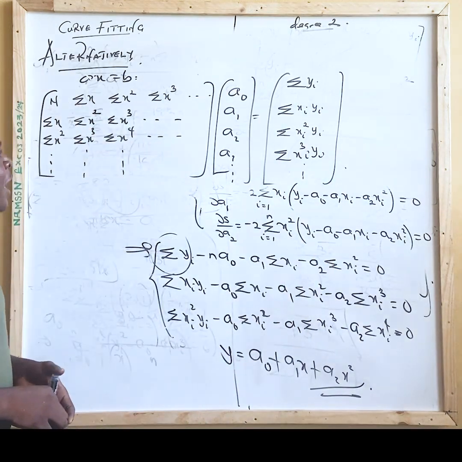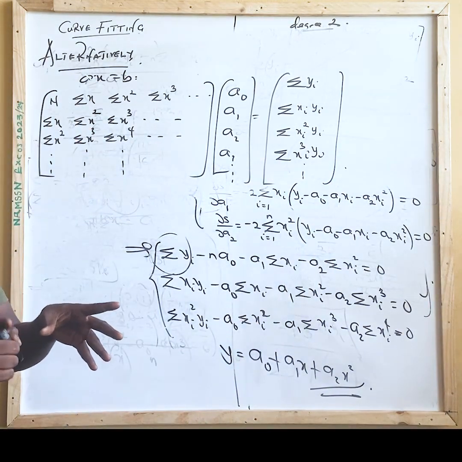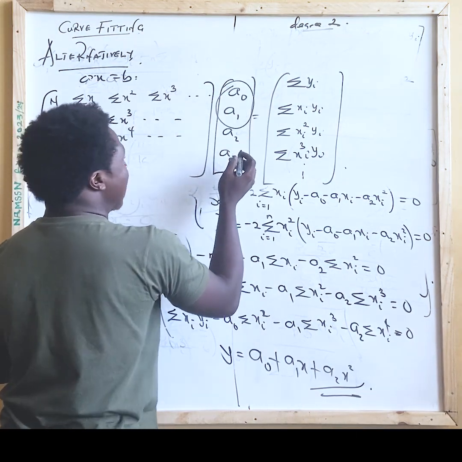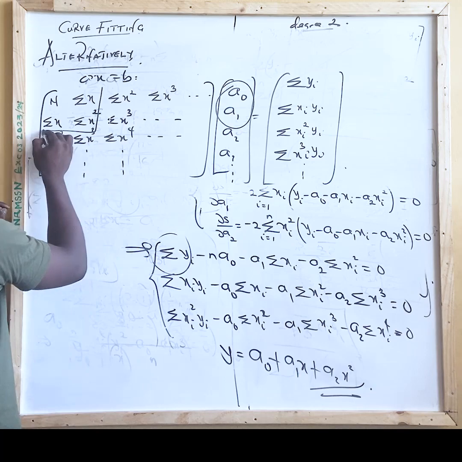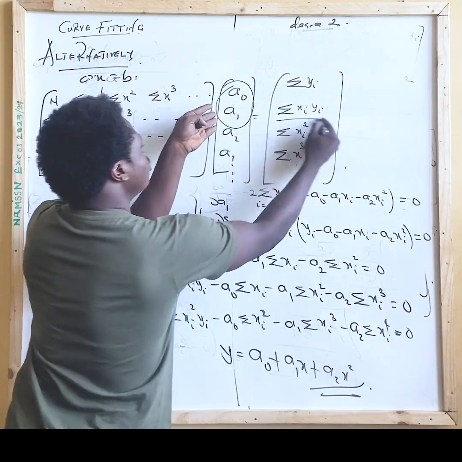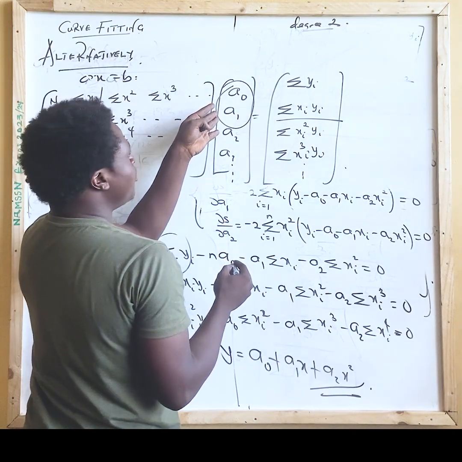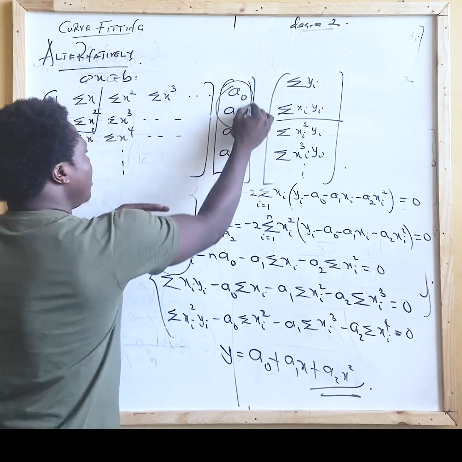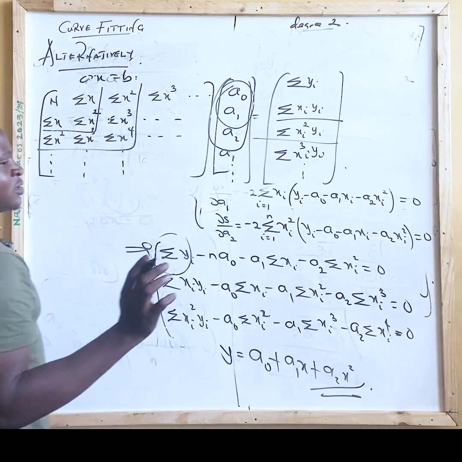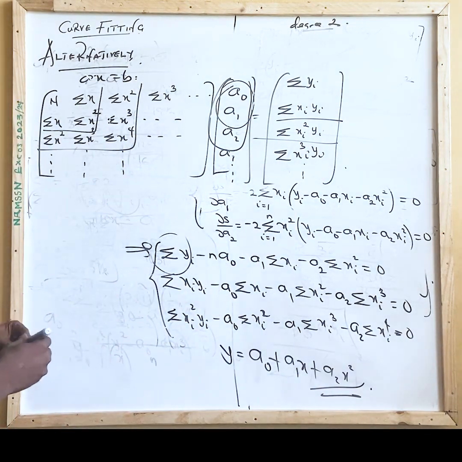If we need a polynomial of degree 1, what does that mean? We are dealing with just two unknowns, so we take a 2 by 2 matrix, with 2 entries on the right side. For a polynomial of degree 2, 3 unknowns, so we have a 3 by 3 matrix and 3 entries on the right.